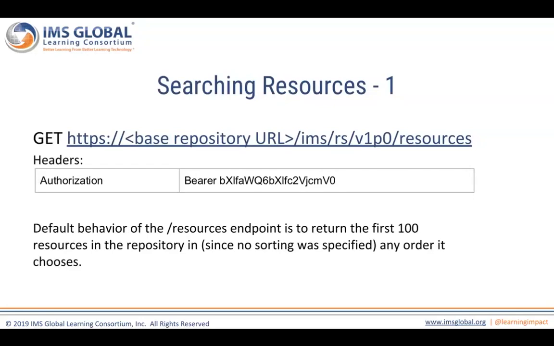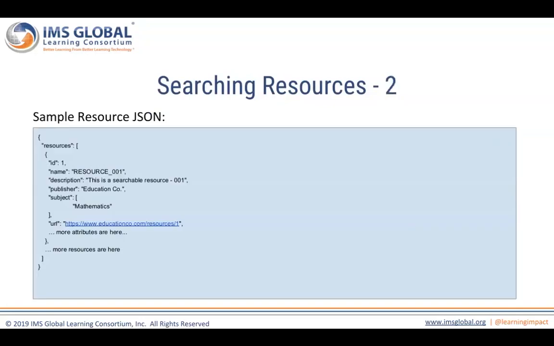When we make that call, similar to subjects, we're going to get back the resources JSON, which is an array of resource objects. These resource objects can have a lot of information in them. For full details on all of the fields that can come back, definitely take a look at the LTI Resource Search spec. But for our purposes, here's a pared down example.